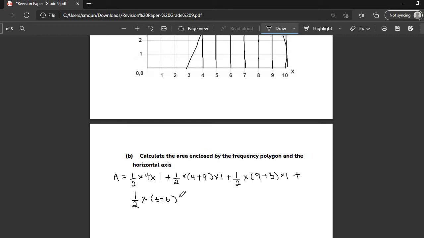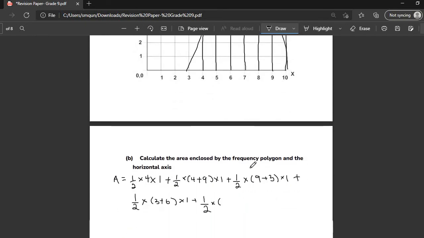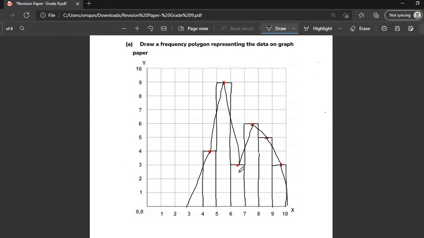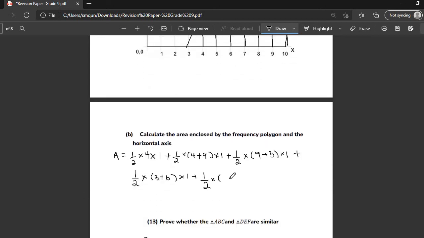And remember to multiply it by the width, which is 1, so it's 1 for all of them. Half times the next two rectangles. We did 3, 6, which would be these two rectangles. That's going to be 6 and 5. Okay, so we have one more to go.